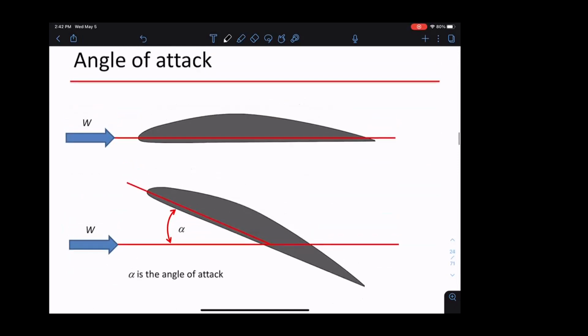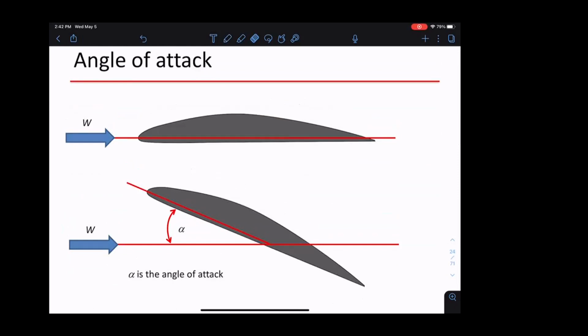So we control lift essentially by controlling this thing called angle of attack. Angle of attack is a fancy way of saying, this is your blade, what angle do you make to the incoming wind direction? So if you look at the slides, we always reference angle of attack to the direction that the wind is coming in.